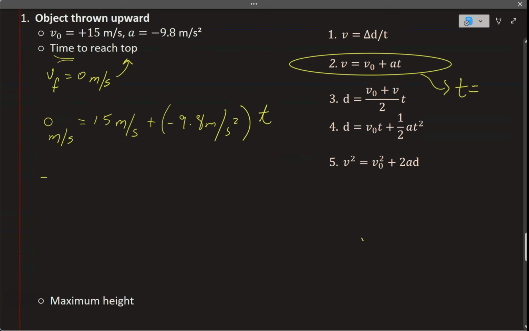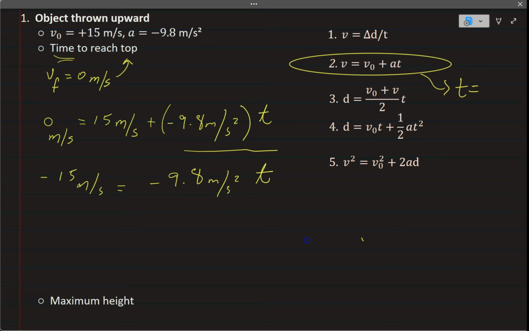Now, you have to either solve this equation for t or do it right here. So isolate the t part of the equation: subtract 15 meters per second from both sides, so you get negative 9.8 meters per second squared times t. Then divide both sides by the coefficient of t.